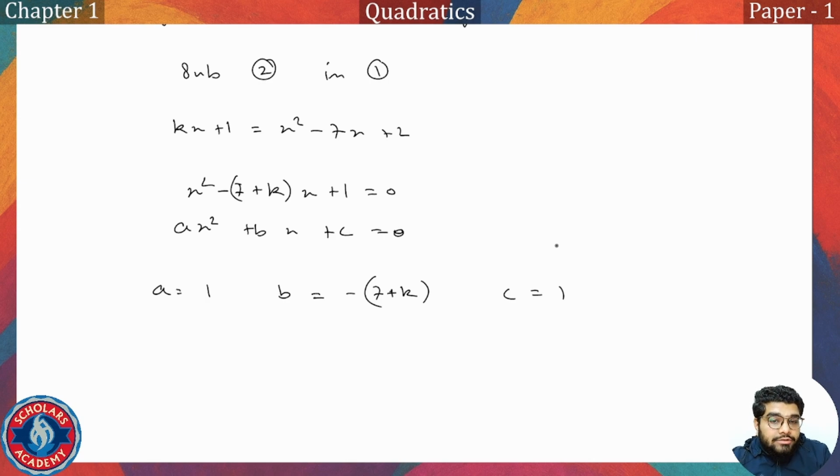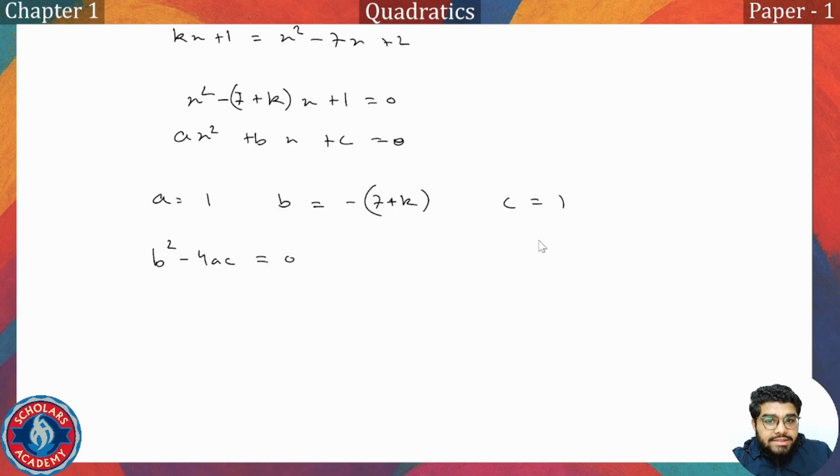For the line to be the tangent of the curve, the discriminant b square minus 4ac should be equal to 0. When the discriminant is equal to 0, the intersecting point will be only 1. We will not get multiple intersecting points. So let's substitute the values of a, b and c. We get (negative (7 plus k)) whole square minus 4, a is 1, c is 1, so it is equal to 0.